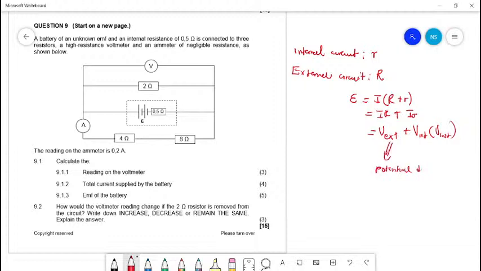The V external is sometimes called the potential difference. Every time in electric circuits, when they talk about the voltmeter reading, when the circuit is closed, the voltmeter reading across the battery reads the potential difference. The potential difference they're talking about is the V external, which is calculated by I times capital letter R. Then we have an EMF, the electromotive force.